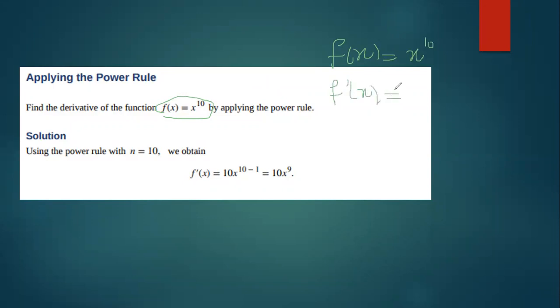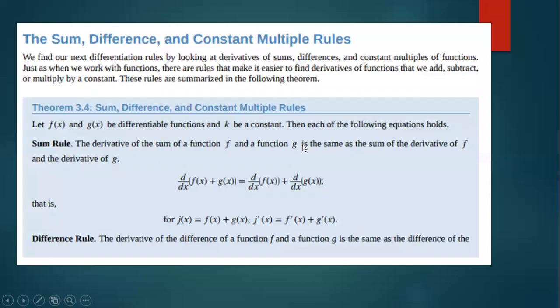The power rule is n x^(n-1), so it will be 10 x^(10-1), which is 10x^9. This is how to find the derivative by using the power rule.